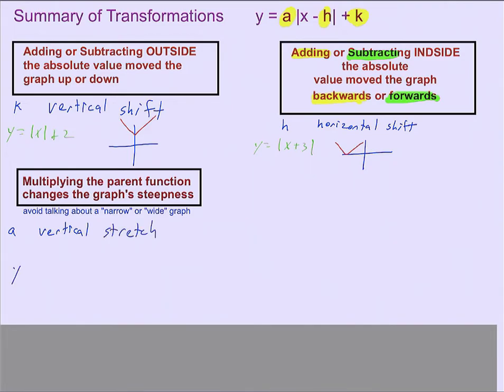So for example, if we have y equals 2 times the absolute value of x, we would take the regular absolute value graph, try to make that a little bit neater, take the regular absolute value graph, and what we would do is make it steeper.